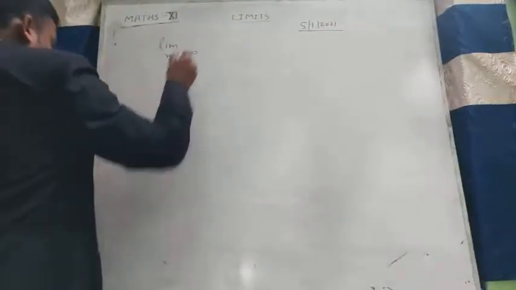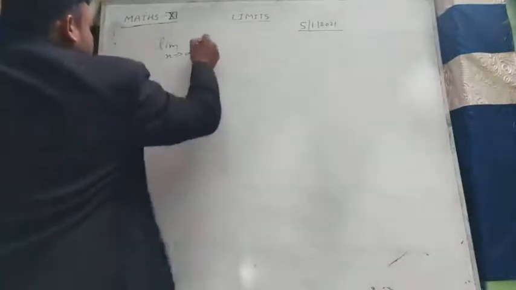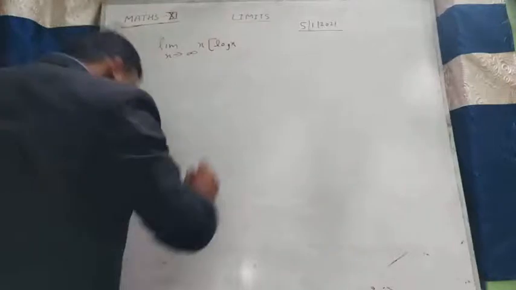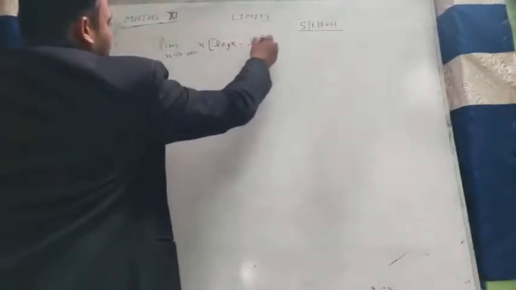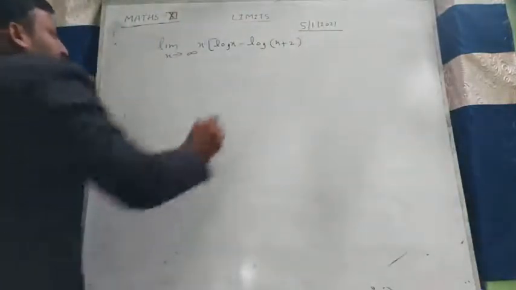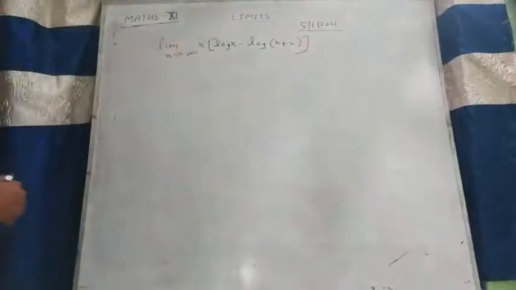Our next question is limit x tends to infinity of x times log x minus log x plus 2. This is our question, and we have to find the limit.